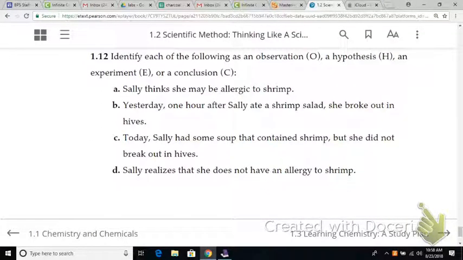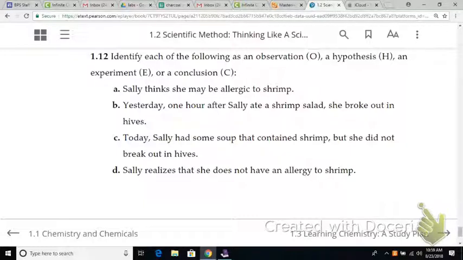Last one, Sally thinks she's allergic to shrimp. You think that would be an observation? It could be an observation if it said something earlier, that she started breaking out when she had shrimp, but it doesn't really give us any information. So that would be more of a hypothesis. Can she test it? She goes ahead and eats some shrimp salad and breaks out. So that would be what?